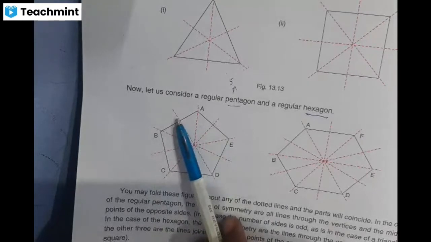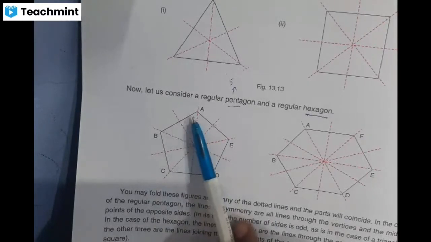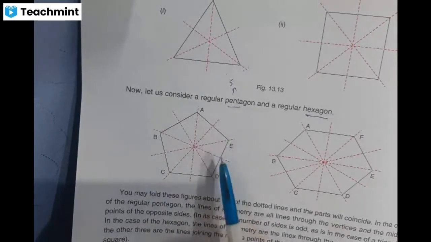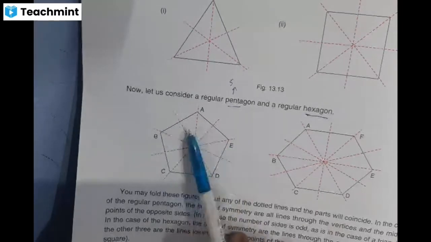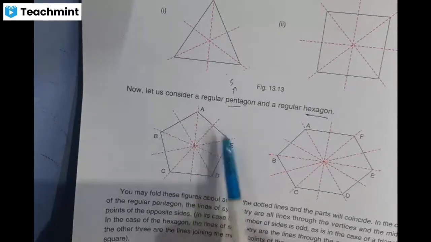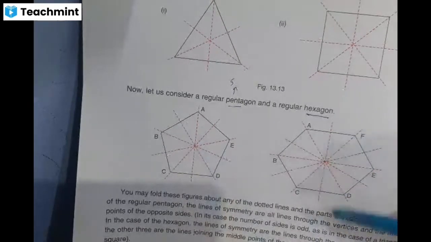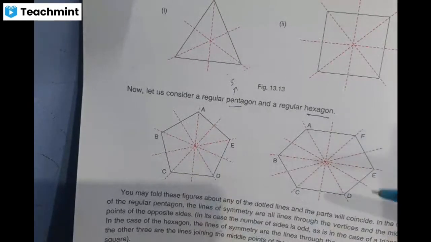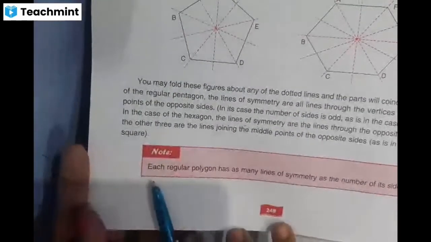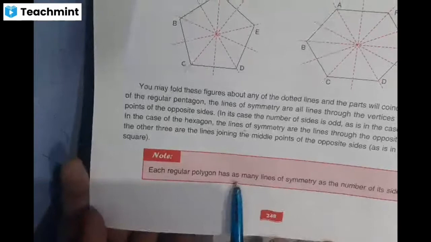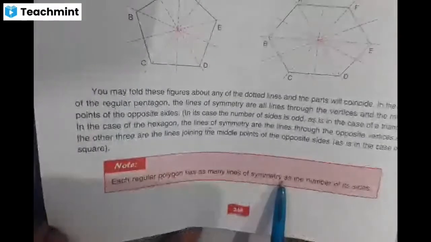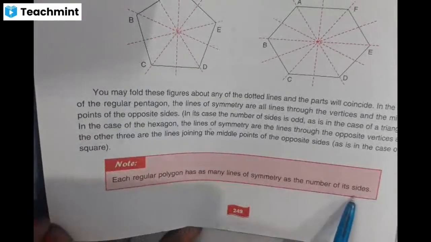Therefore, the number of lines of symmetry will be 1, 2, 3, 4, 5. Therefore, we have 5 lines of symmetry. 5 equal sides, 5 lines of symmetry. Then 6 equal sides, therefore 6 lines of symmetry. Therefore, here is a note, children. Each regular polygon has as many lines of symmetry as the number of its sides.